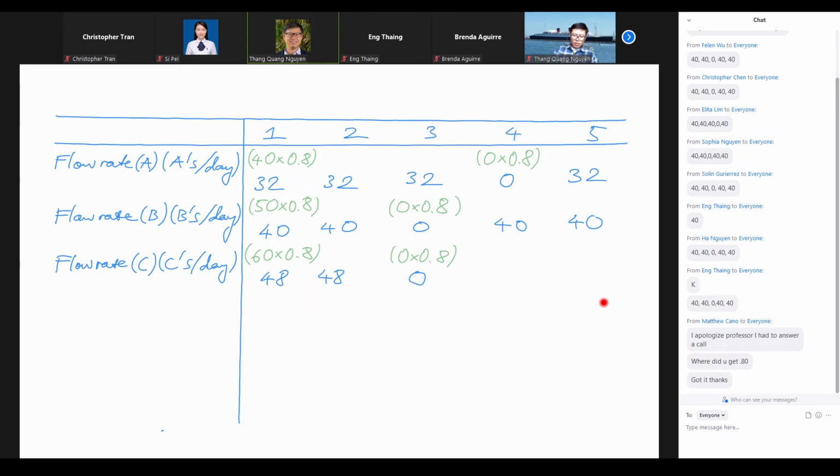So that's what happened at 3, and at 4, we're going to have 60 times 0.8 again. That's how we have 48 again, and then 48, all right? So those are the number of physical units that require work out of each of the stations.